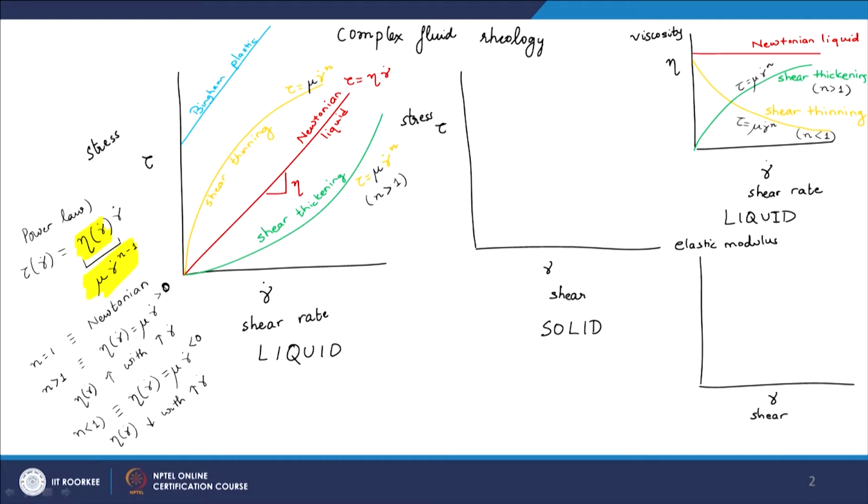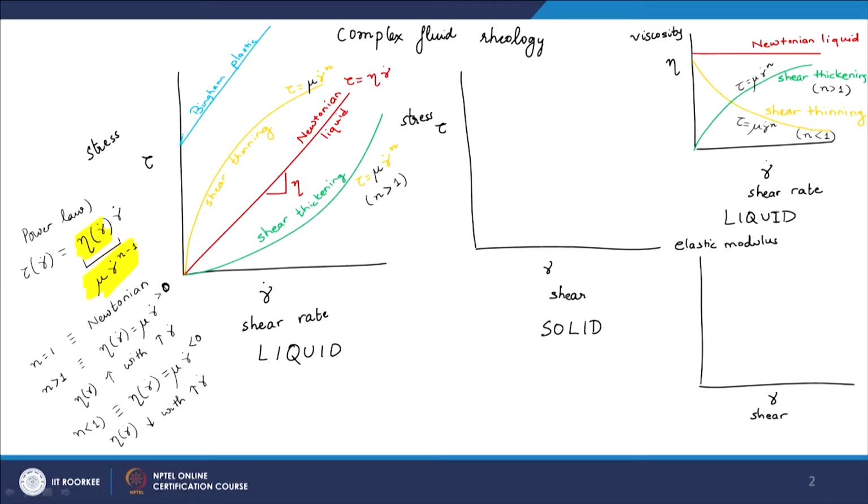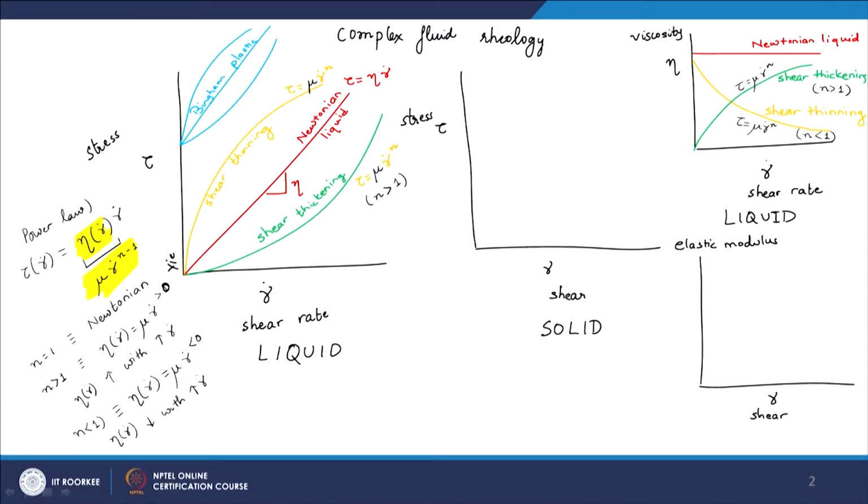Once they start flowing, their viscosity will be constant if it is like this, but then it can also be shear thinning beyond the yield stress, or shear thickening beyond the yield stress. So, until the yield stress tau naught that we have defined, that is this particular point, the material does not flow.